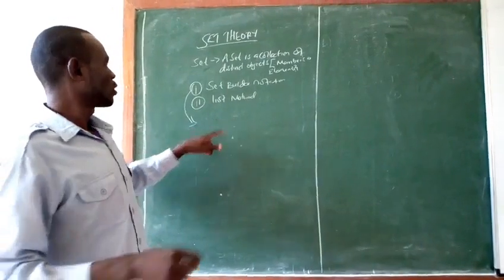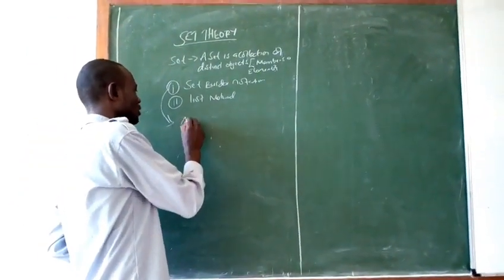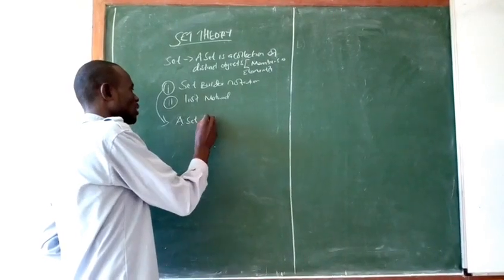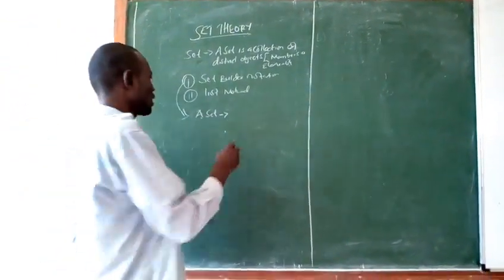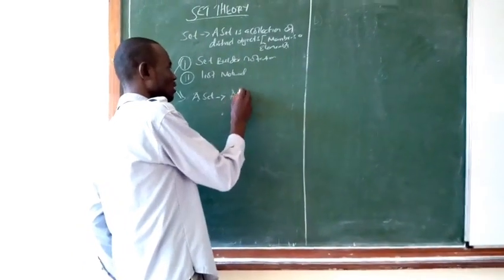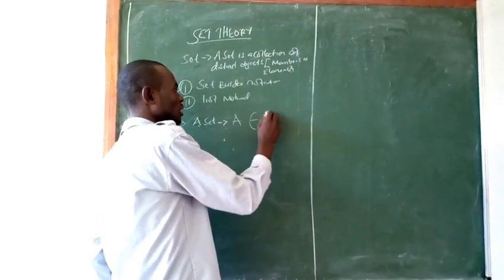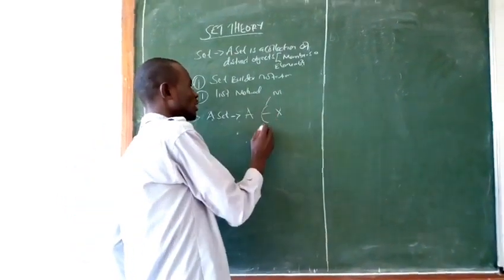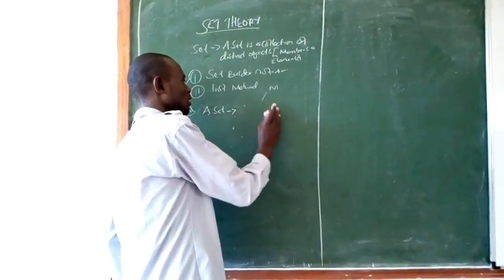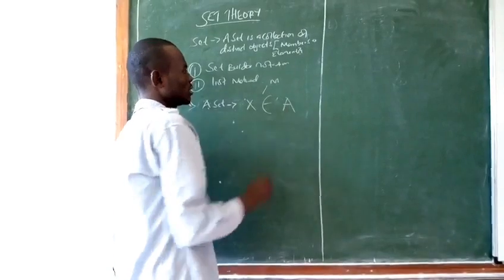In this case, we have a set being represented by a common feature. So in this case, let's say a set A having element X. These are mathematical symbols meaning X is an element of A, written this way.